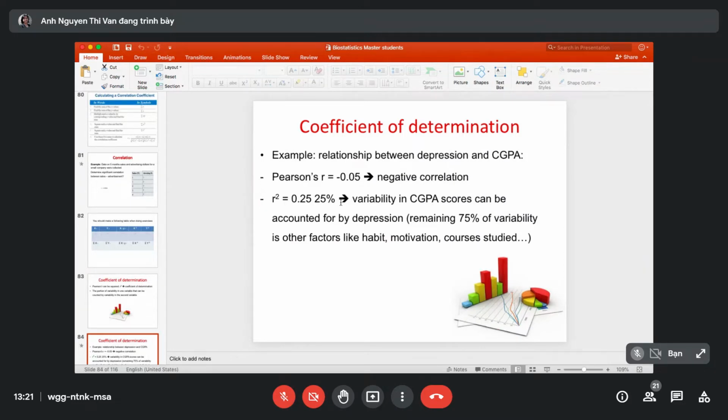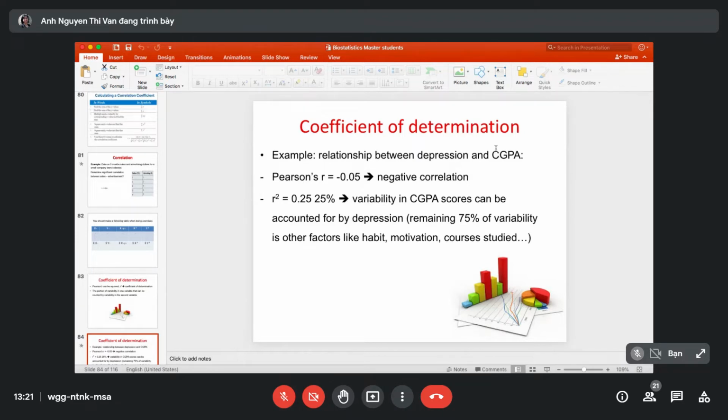Okay, so let's take an example. We are going to talk about the relationship between depression and CGPA, the score. The scientist is trying to find the correlation between depression and the score.